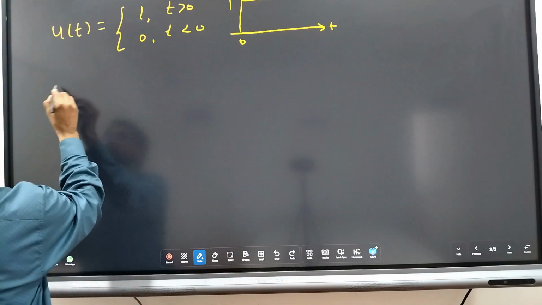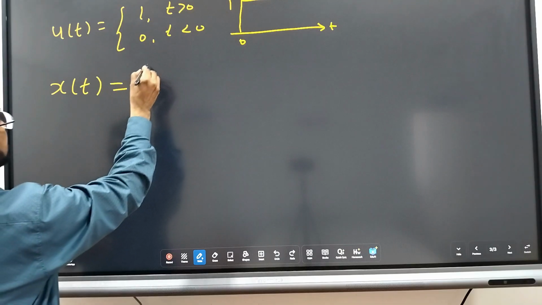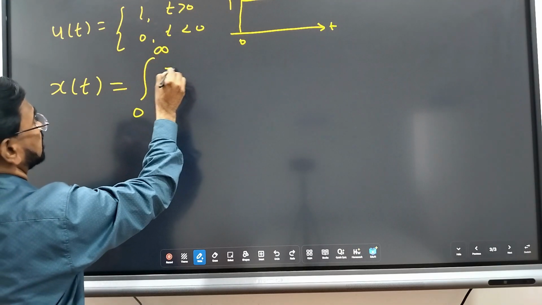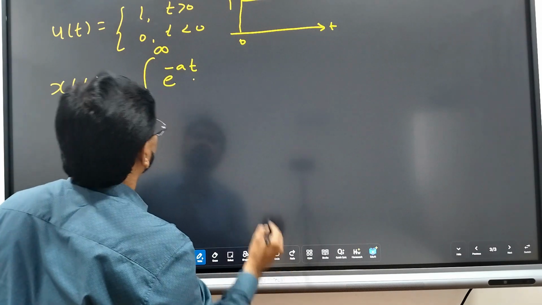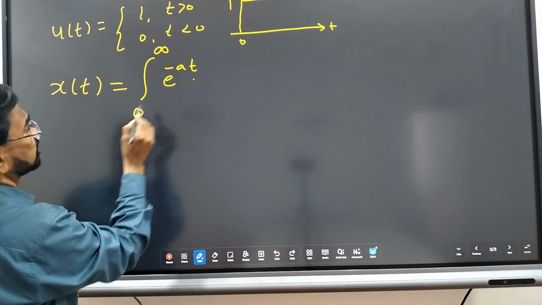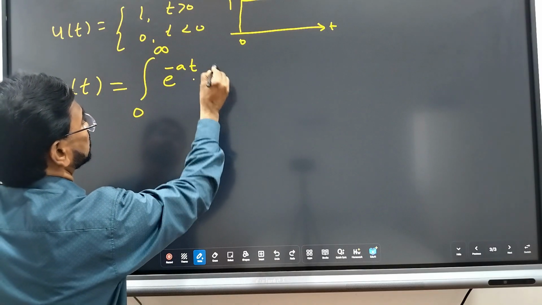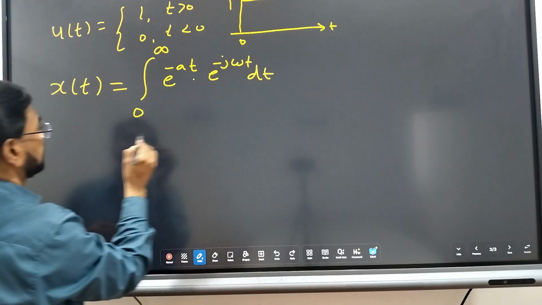Therefore हमारा जो previous equation will become 0 to infinity e raised to minus a t. Now u of t is gone because we have taken 0 and its magnitude is 1. So it is e raised to minus j omega t dt. Fine.